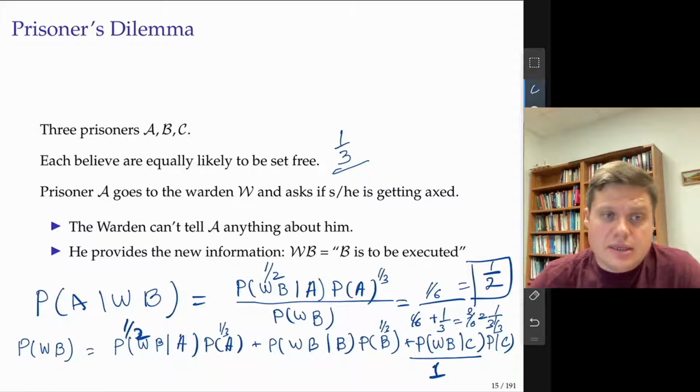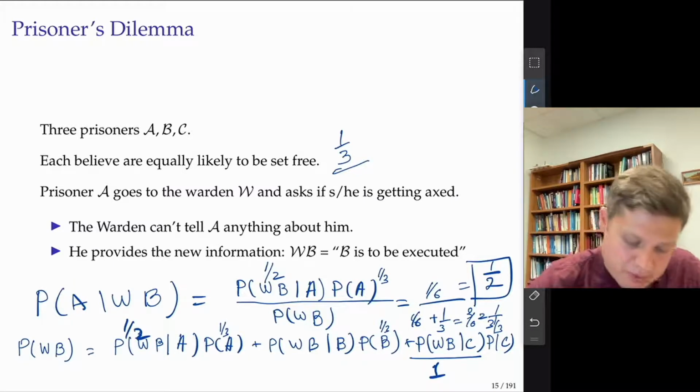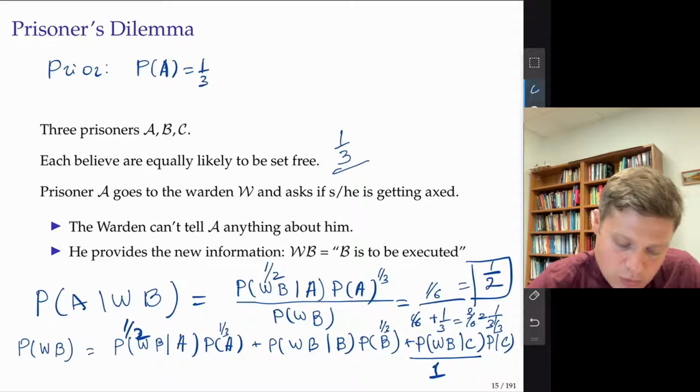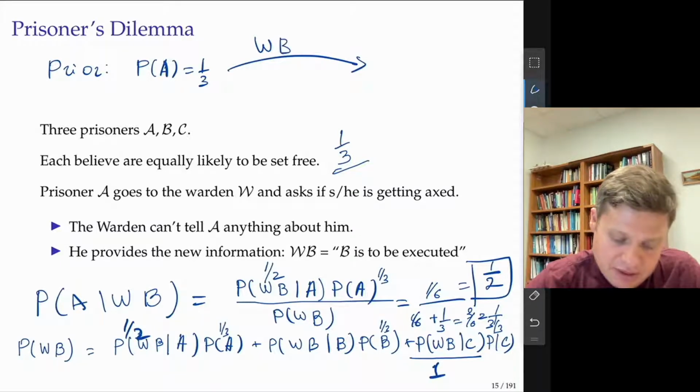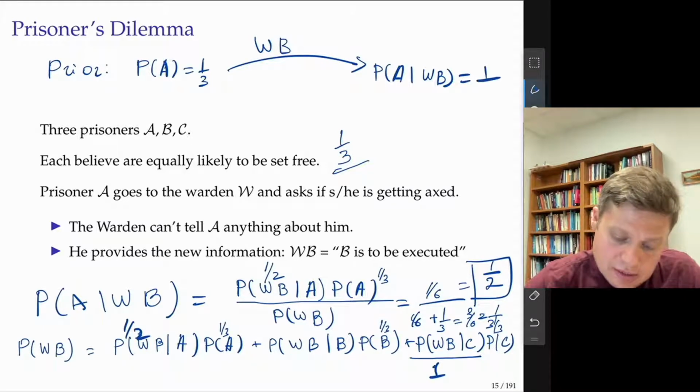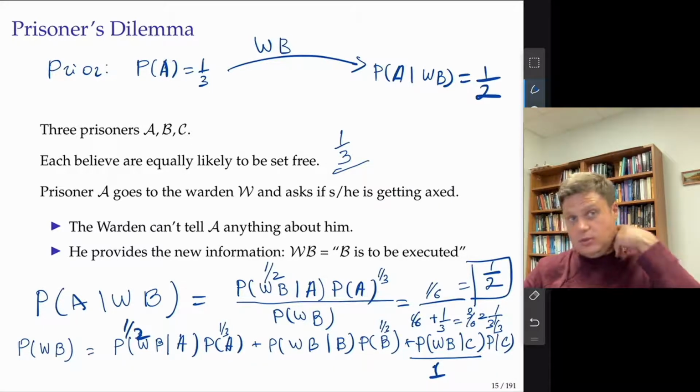You remember the prior probability of A going home was 1/3, and we used this piece of information provided by the warden to update the probability and calculate the probability of A going home given the piece of information provided by the warden. And now we update the probability to 1/2.